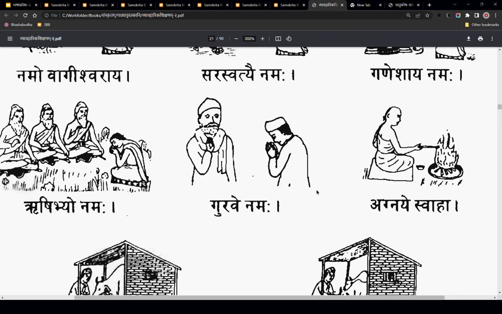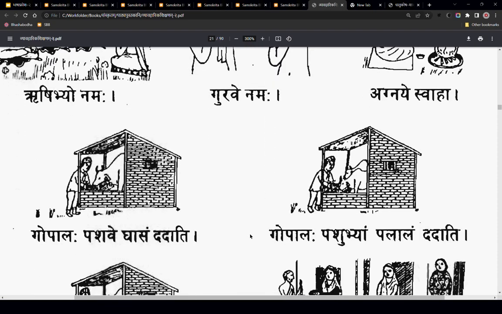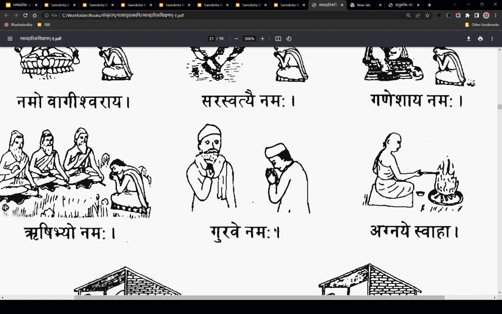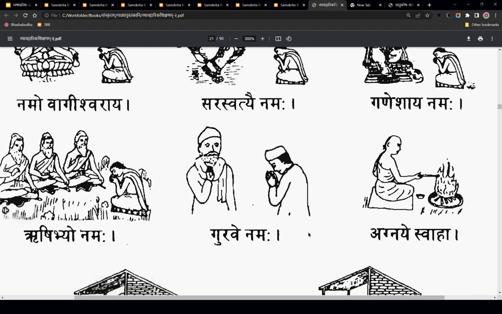Swaha is an avyaya, like Namaha is also avyaya here. So when these avyayas are used, to whom you are offering this, that gets the Chaturthi Bhakti. There is no Kriyapada required here, like Dadati, etc. Here, Asti is assumed. Gurave Namaha, Asti or Bhavatu, whatever. But to whom this is offered, that gets the Chaturthi Bhakti. Agni Swaha.